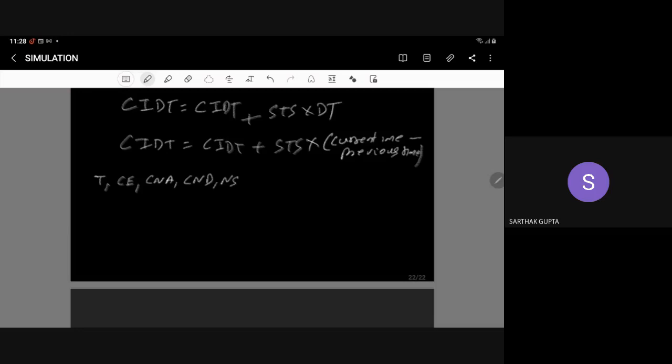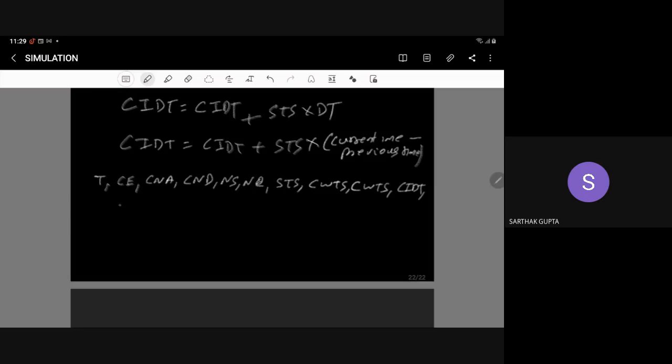Then we have the number of customers in the system. Then the number of customers in the queue. Then we have STS, CWTS, CWTQ, and then CIDT.